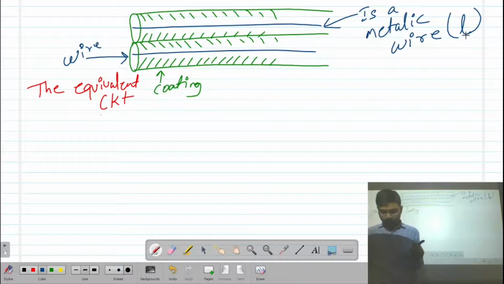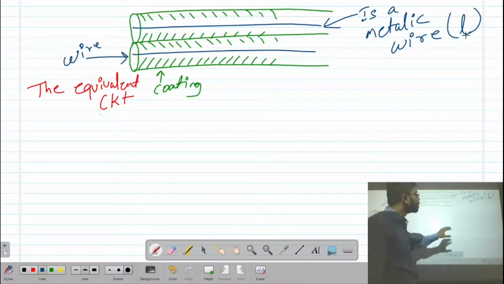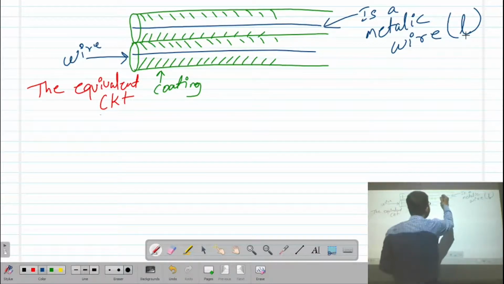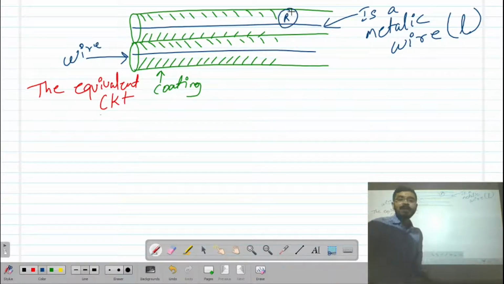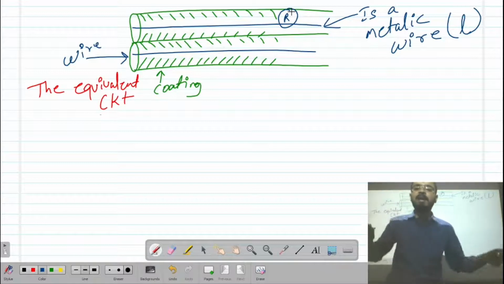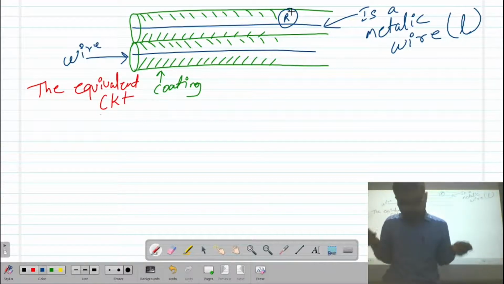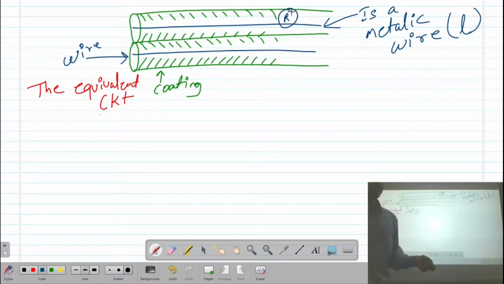Remember these things, because to understand the equivalent circuit you need to understand the assumptions, right? R is known as resistance. So for an equivalent circuit, first of all, we will have resistance.